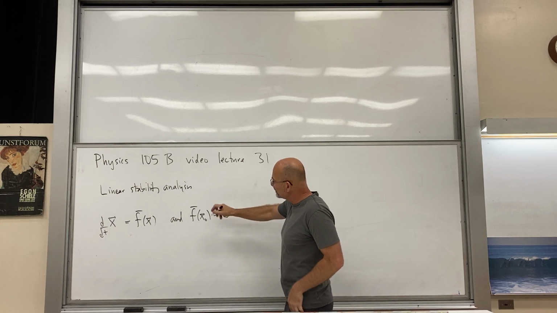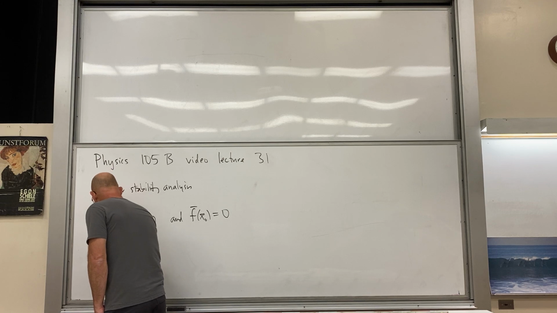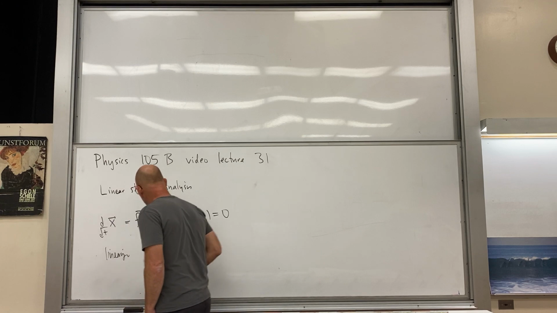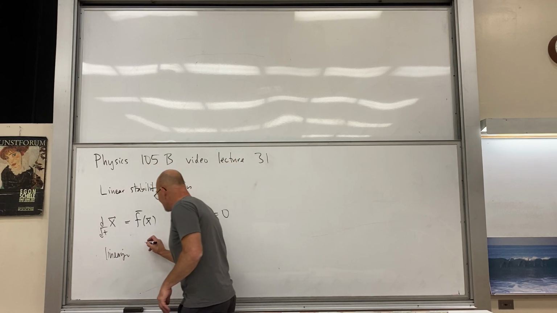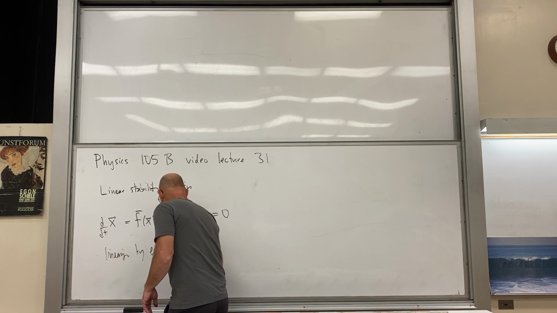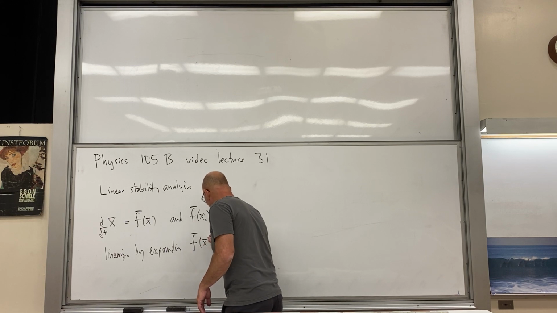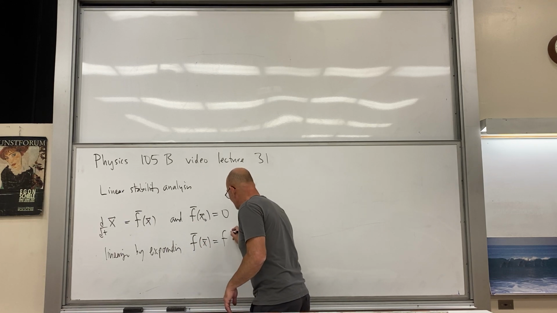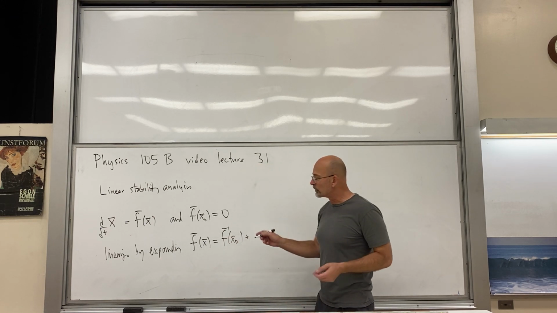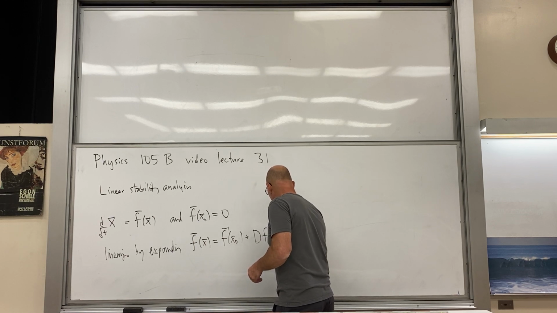So under these circumstances, we linearize the expression by just expanding f in a Taylor series. f of x0, which we know vanishes, plus then the first derivative terms, which I'm just going to call df of x0.